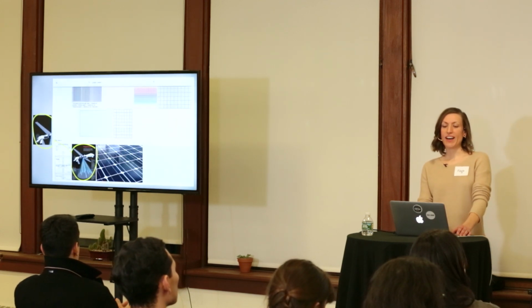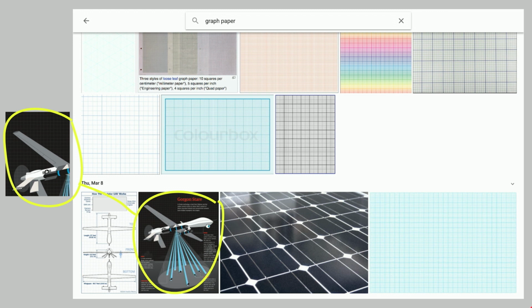In Google Drive, I have a folder of images of graph paper, a folder of images of predator drones, and a folder of images of solar panels. I found a JPEG of a predator drone that happens to have a graph paper background.